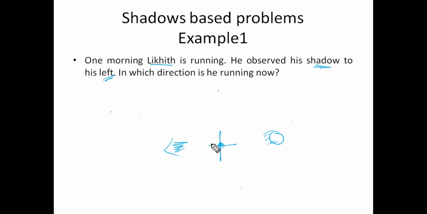If he is facing west, the shadow is in front of him. If he is facing east, it is behind him. If he is facing south, it is on the right of him. And if he is facing north, it is on the left of him. So he has given that the shadow is on his left, which means the person is facing the north direction. That is the answer. Simple. So see here, once we go to the previous points.